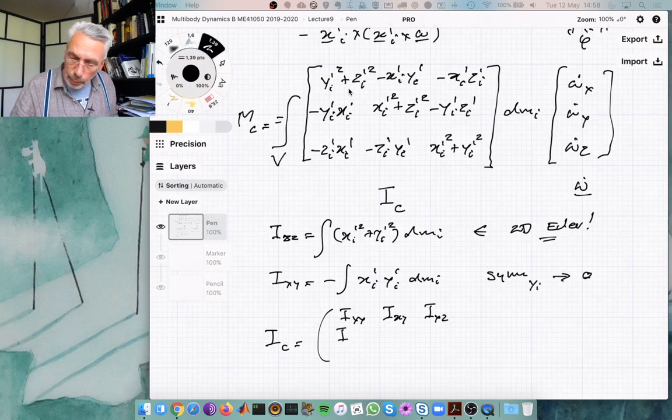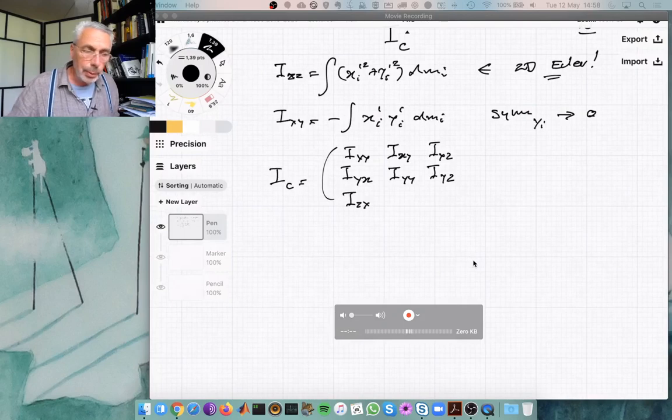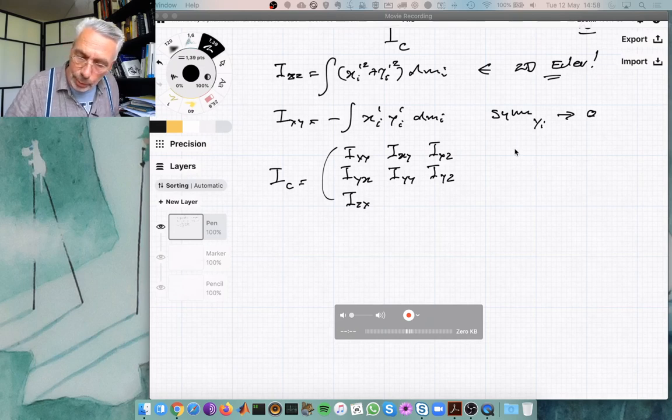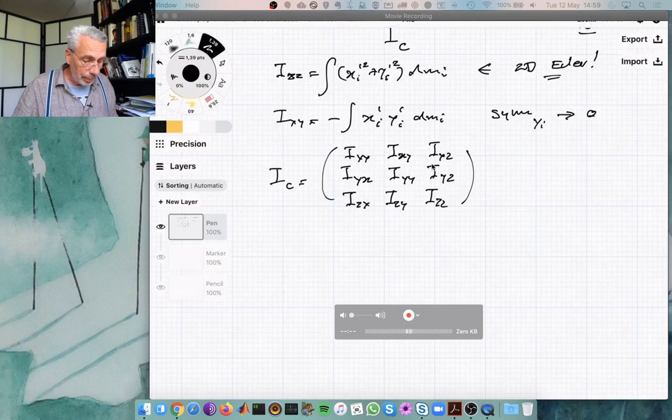And then here we write Iyx, but notice that of course the matrix is symmetric. So if I write Izx, that's identical to Ixz, because there's no order, of course, in this integral. And then Iyz, Izz.